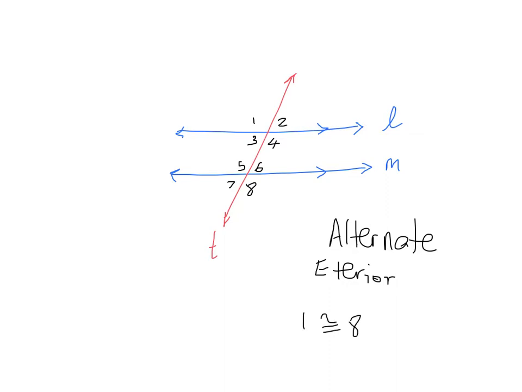And we have another pair of alternate exterior angles. So we have 2 here, and on the other side of the transversal and non-adjacent, we have all the way down here 7. So 2 is congruent to 7 because they are alternate exterior angles.